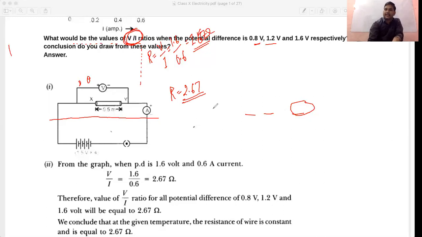So what conclusion can we draw? The conclusion is the resistance of the wire is 2.67 ohm. Got my point? Ajay, now is it clear to you or not? Okay. Coming to another question.